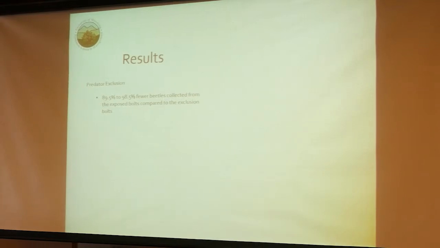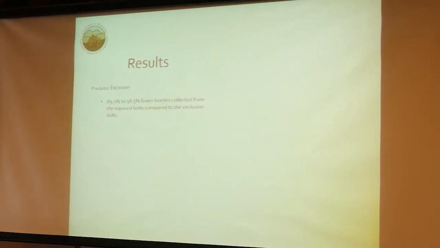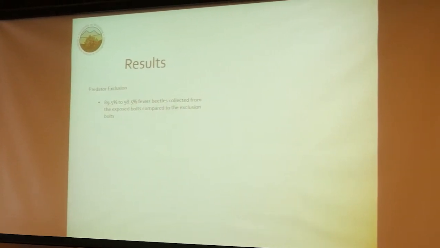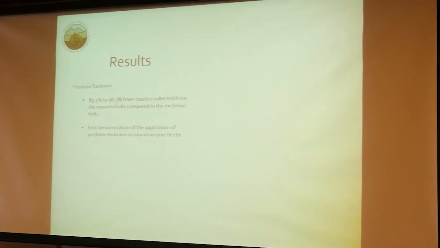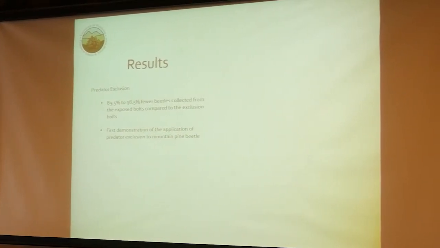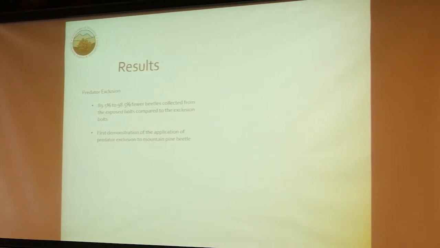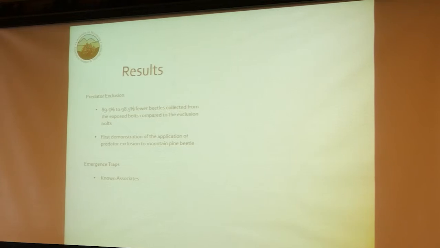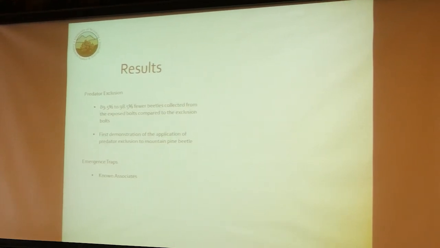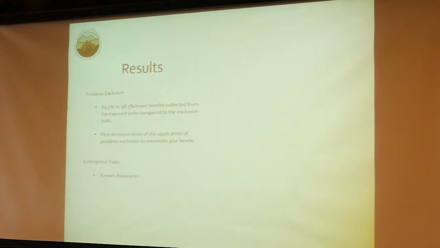And now with this new material, I'm going to get a much better number, except that I don't have very many trees. So it's the first demonstration of successful application of predator exclusion to mountain pine beetle. It's going to be a really good tool that can answer a lot of questions about mountain pine beetle.